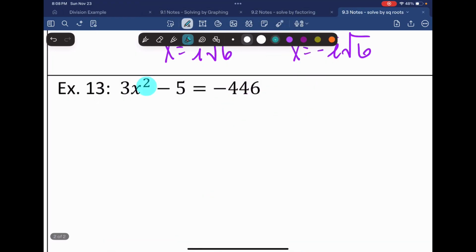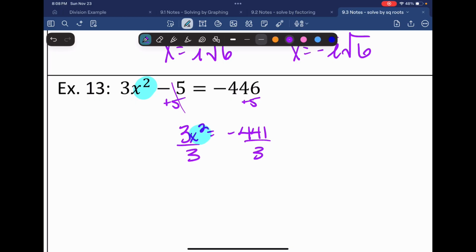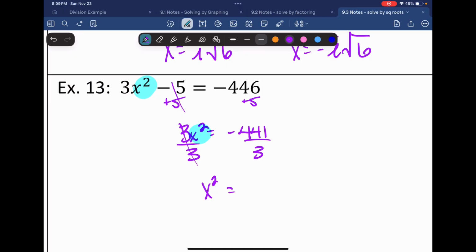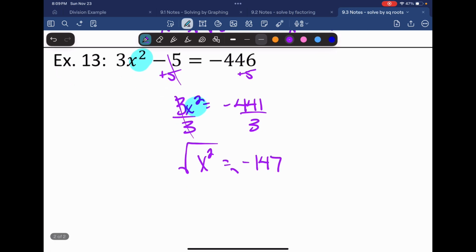There's my square. Add the 5. Still have the square. Divide by 3. This is negative 147. Square root. Break it up into negative 1, and then it's 147.